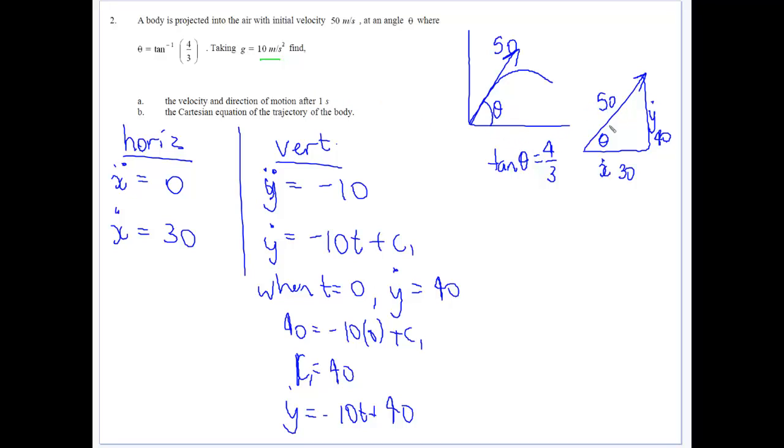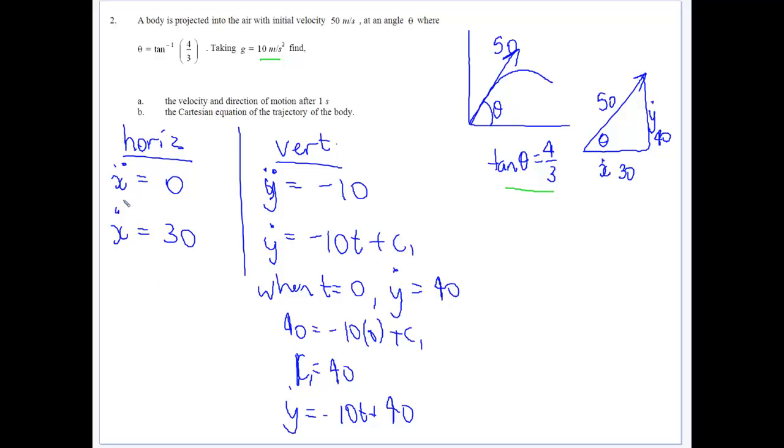In our diagram, we have 50, and we know tan theta is 4 over 3, so the vertical velocity and the horizontal velocity must be in the ratio of 4 to 3. So working with our trigonometry, with 50 as the hypotenuse, our vertical velocity must be 40 and our horizontal velocity must be 30 at the initial point.